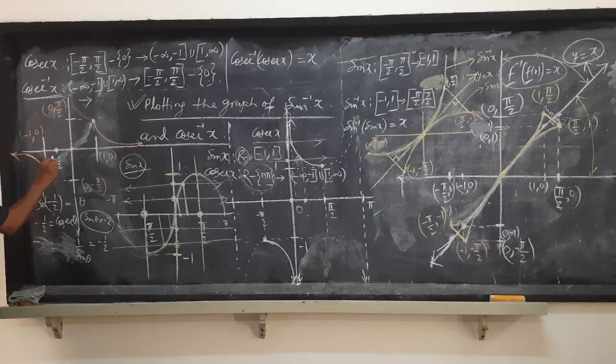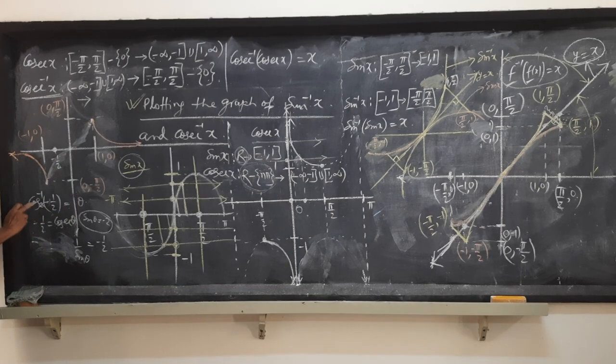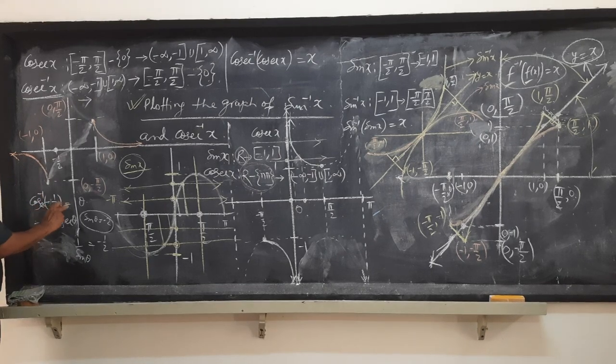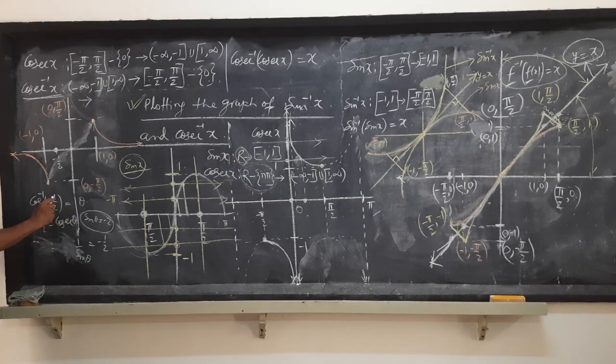So if we consider minus 1 by 2, let cosec inverse minus 1 by 2 equal theta. This is cosec, not cos. Then minus 1 by 2 is equal to cosec theta.